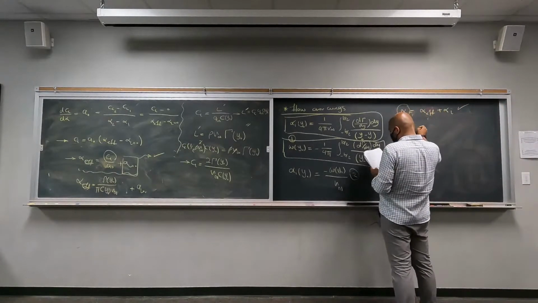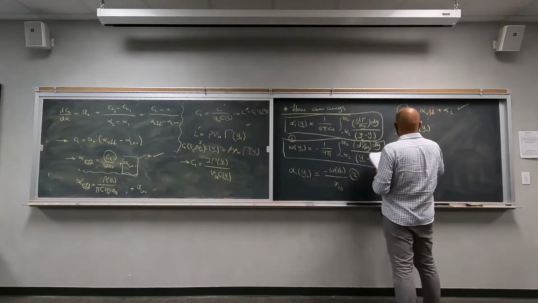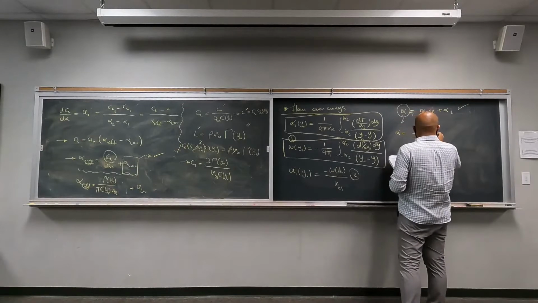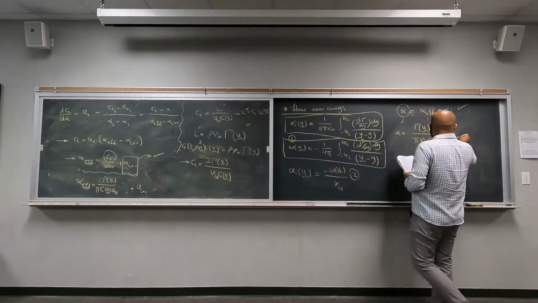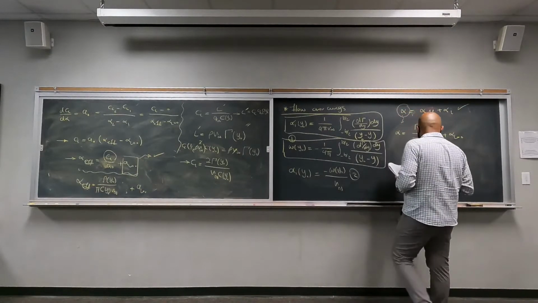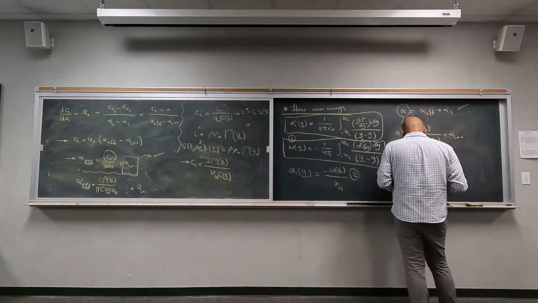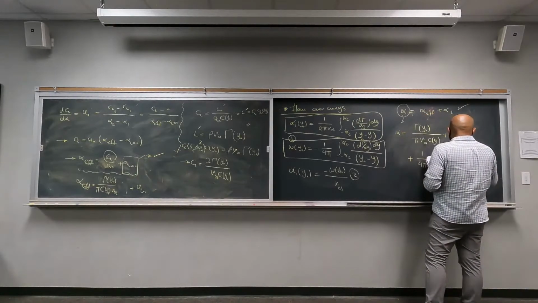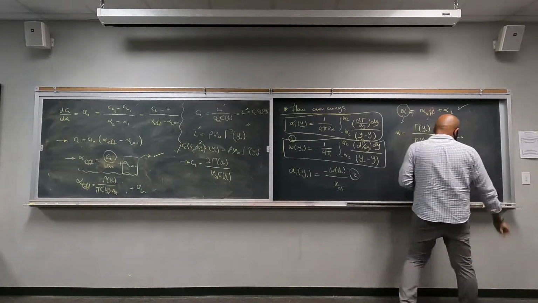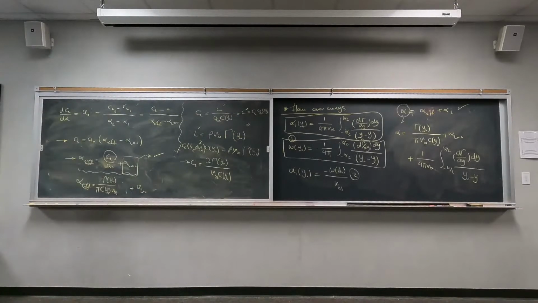Alpha is equal to gamma y naught divided by pi V infinity C y naught, plus alpha L equals 0, plus 1 over 4 pi V infinity times the integral from negative b over 2 to b over 2 of d gamma dy divided by y naught minus y.